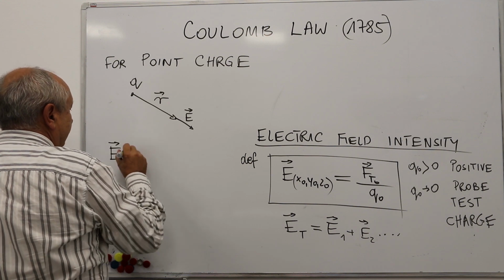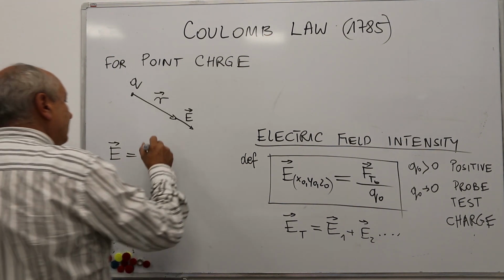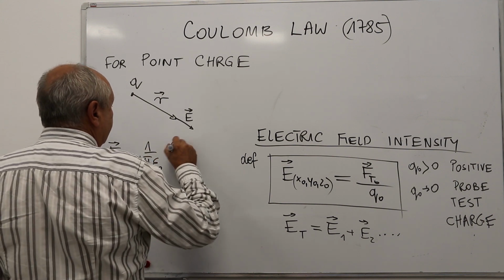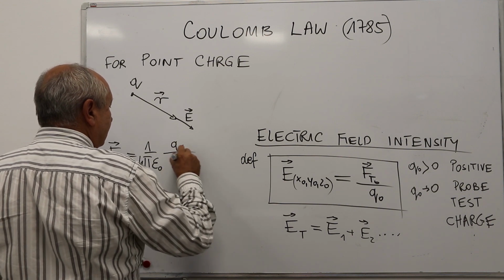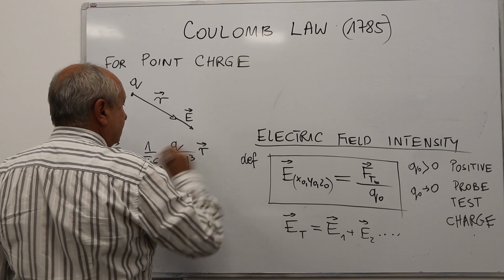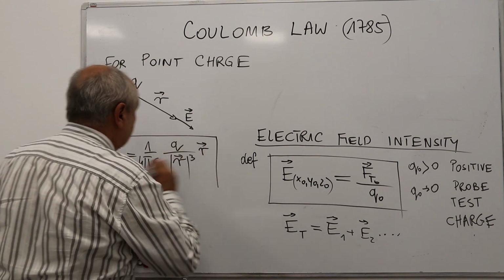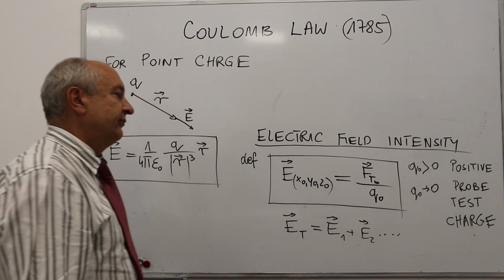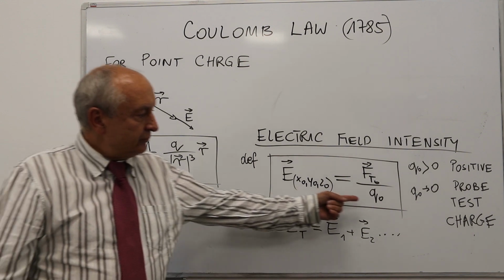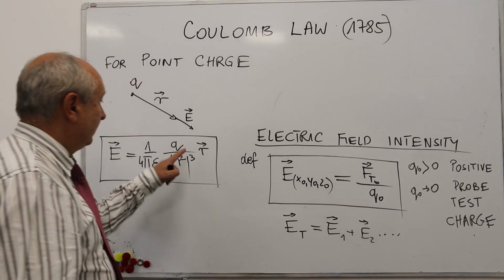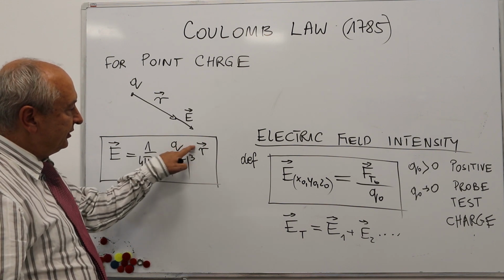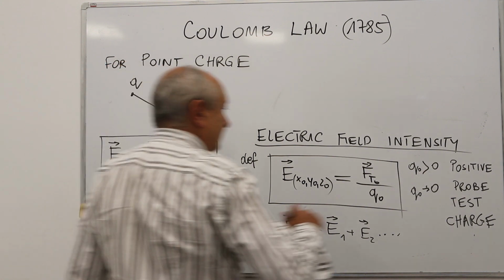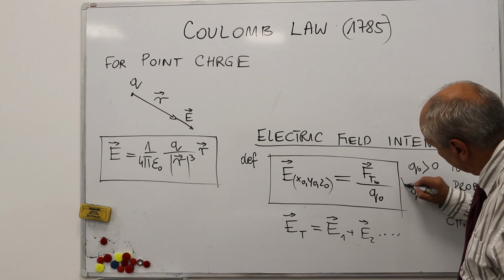I will write once this value. It is 1 over 4 pi epsilon 0, Q divided by r squared. Here we write from Coulomb the force exerted on Q0 and divide by Q0, so Q0 disappears and we have such formula.